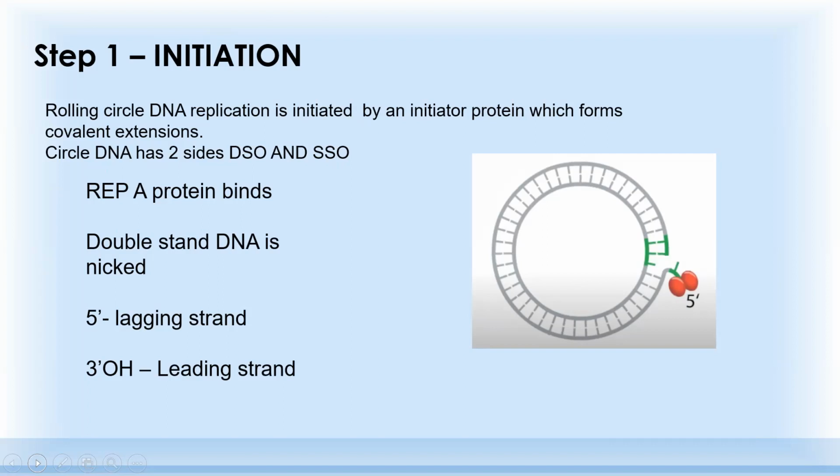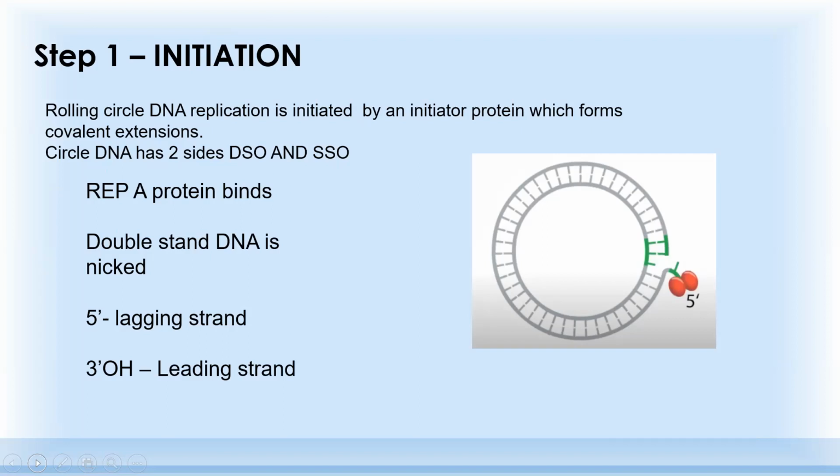Now, what happens during the initiation stage is that first, the Rep-A protein, as you can see, the two red circles, goes and binds to the DSO of the circular double-stranded DNA. Once the Rep-A protein binds, it forms a nick on the DNA strand.